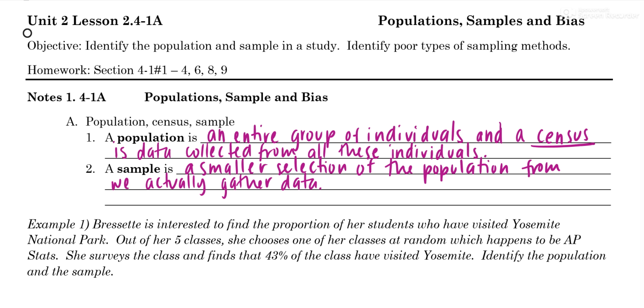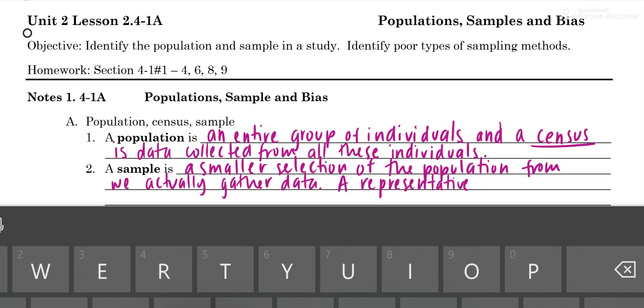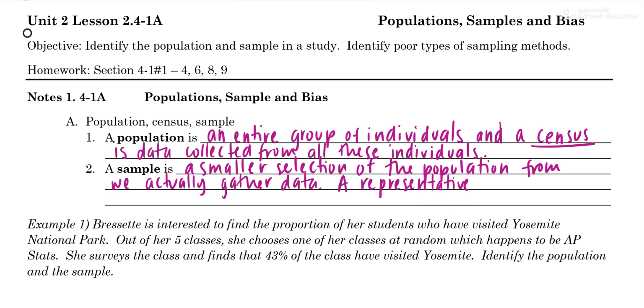And as long as the sample is representative, then you have a pretty good shot of having a pretty close estimation to the real population value. So a representative sample is one that accurately, as the name implies, reflects the population.